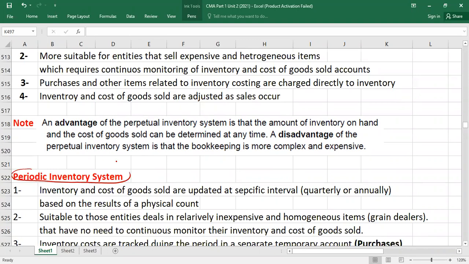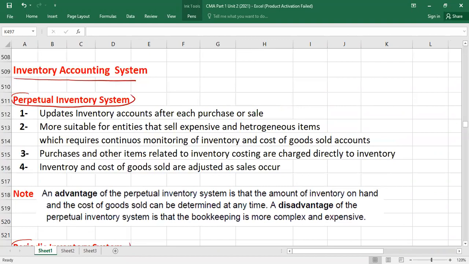Okay, so perpetual, starting with the perpetual first. Perpetual means a continuous updating inventory system. These are the points you need to keep in your mind in order to answer theoretical questions.